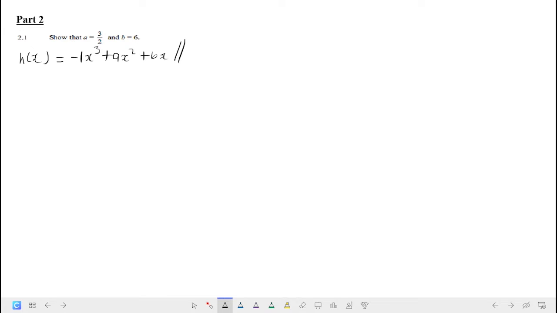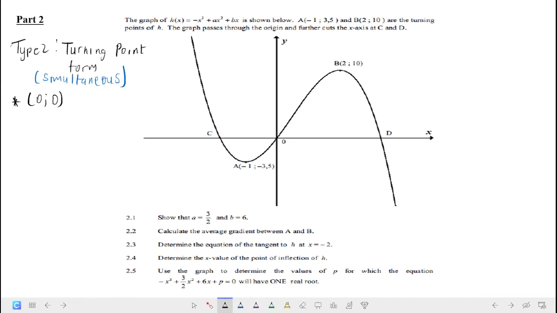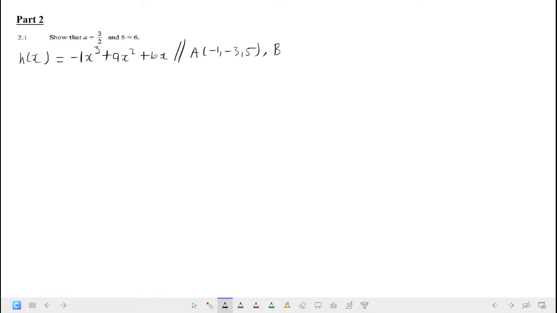Then, as I said, we're given the turning points. The first one is A, which is (-1; -3,5), and the second one is B, which is (2; 10). Then we are also given a point which is (0; 0), right?